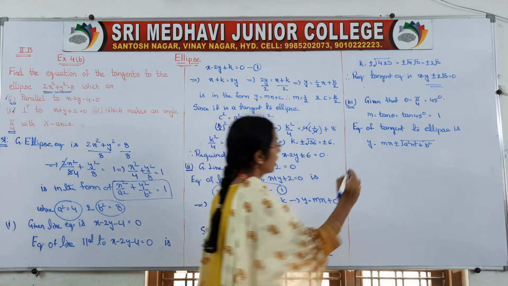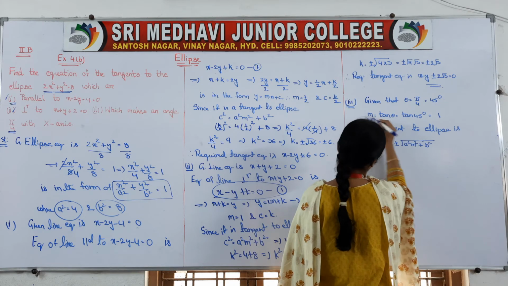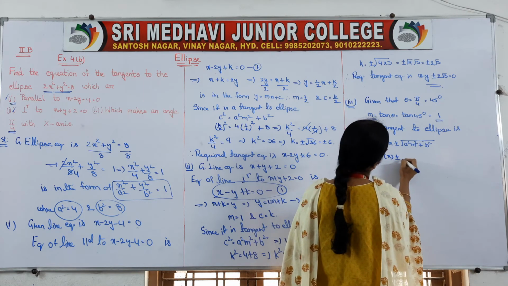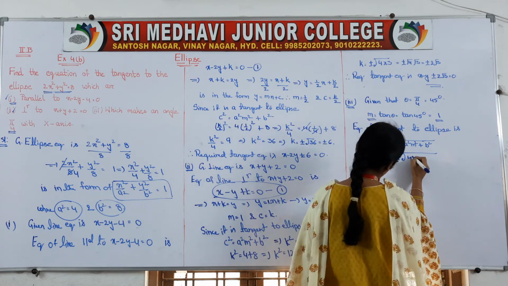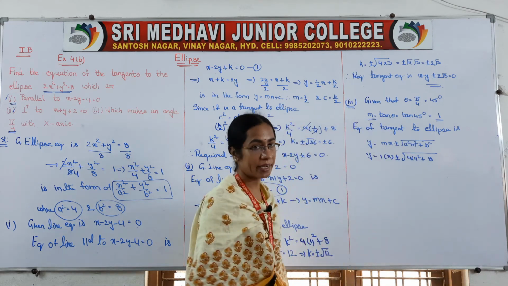So y is equal to m x plus or minus root of a square m square plus b square. Here m is 1, so y is equal to 1 into x plus or minus root of a square, that is 4, into 1 square, plus b square, which is 8.